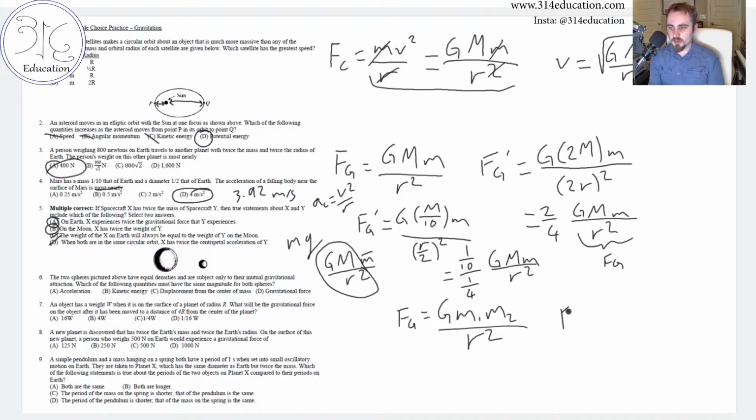For the other guy, he has a force of his mass times the big mass over r squared. But look, it's the same equation. All we have is the change in the order of our masses being multiplied in the numerator. But multiplication is commutative. We can commute these by changing their order without affecting the meaning of the equation.